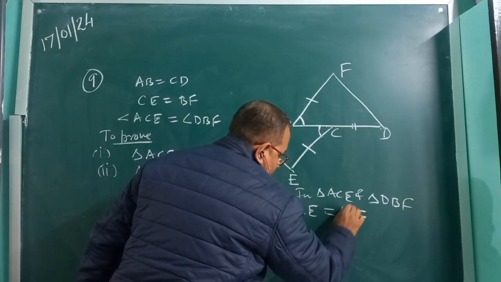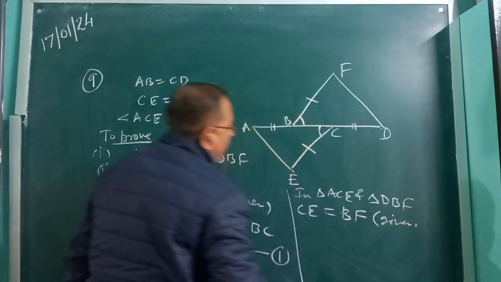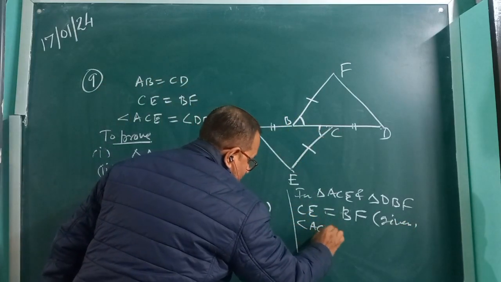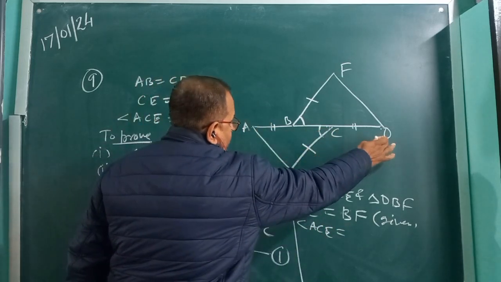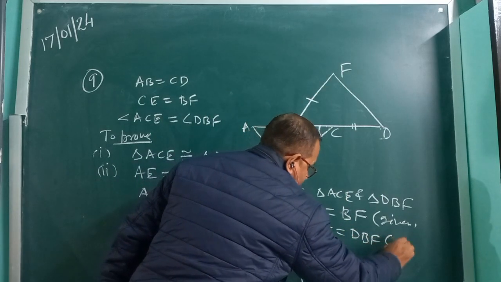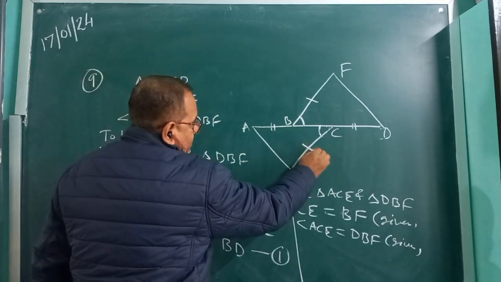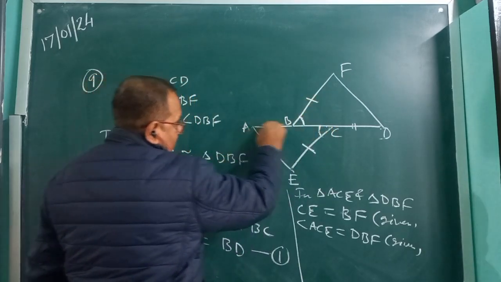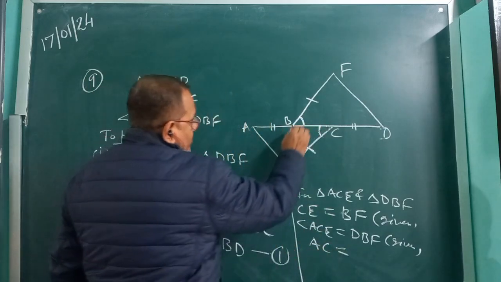Angle ACE is equal to angle DBF. It is also given. So one side equal, one angle equal, and third side AC is equal to BD.